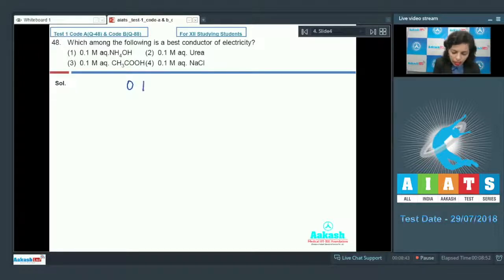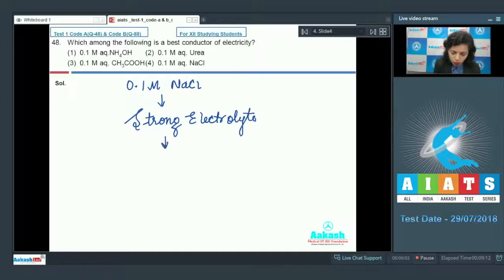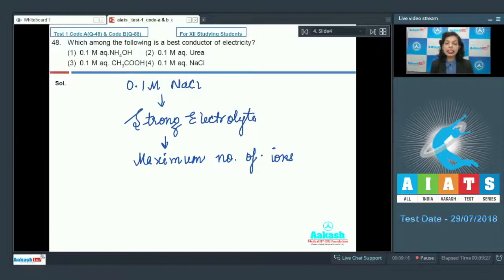When we look at 0.1 molar NaCl, it's a strong electrolyte, and it will produce the maximum number of ions, and hence it is the best electrical conductor.